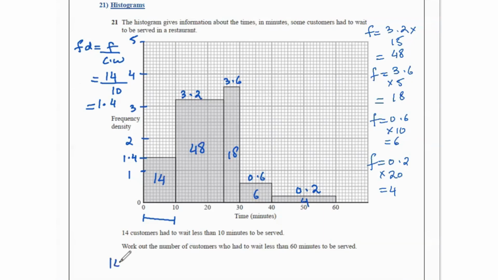So that's going to be 14 plus 48 plus 6 plus 4 plus 18. So that's going to be 90 customers. That's your answer.